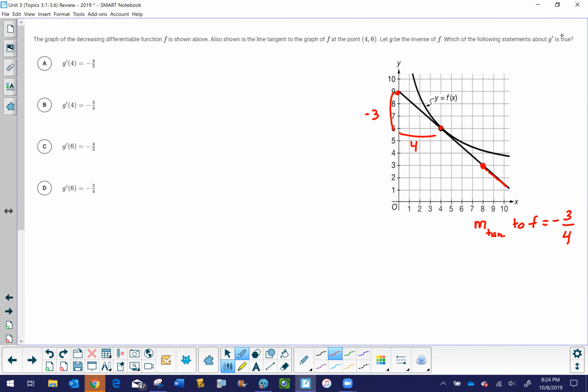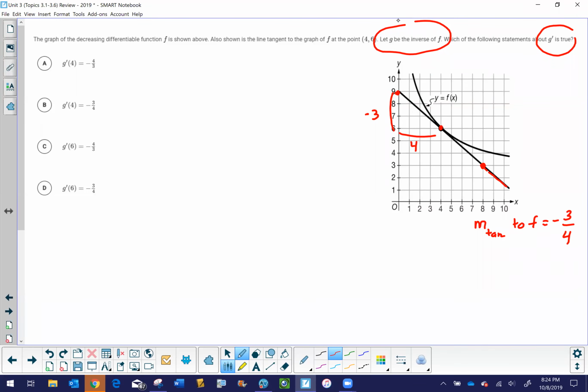Well, when they ask you to find the derivative of g, that would be the slope of the tangent to g, right? But they also say that f and g are inverses. So you've got to pick up on something very subtle that we talked about in class.